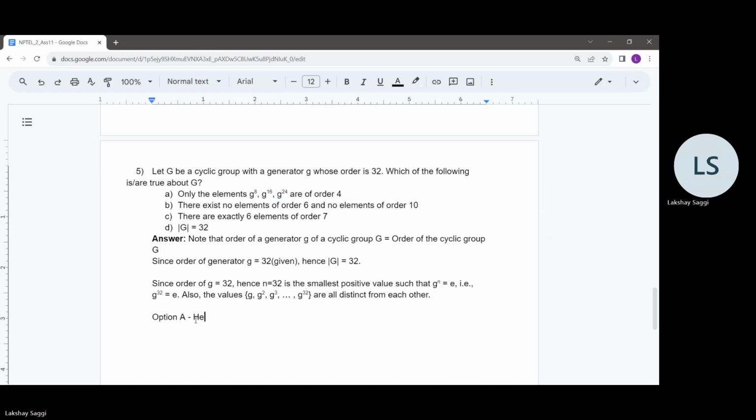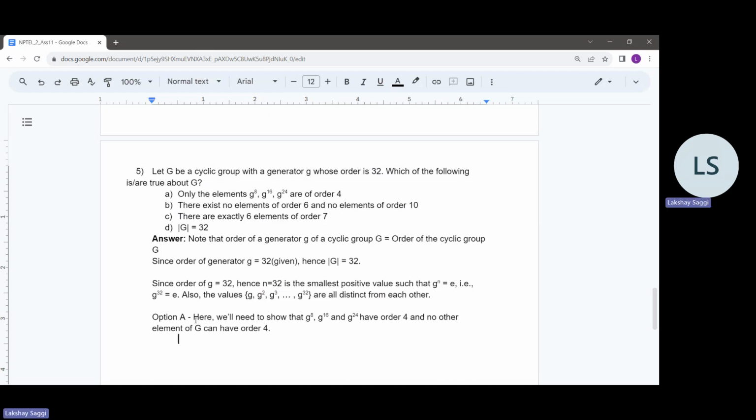So here we'll need to show that g to the power 8, g to the power 16, and g to the power 24 have order 4, and no other element of G can have order 4, right? And how will we do this?